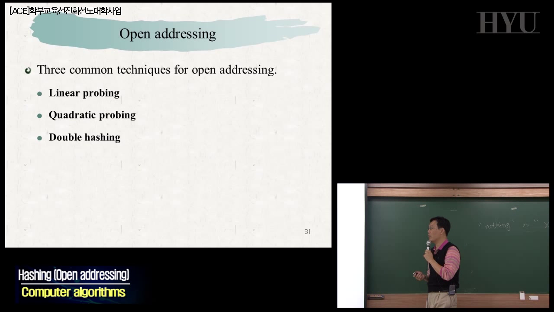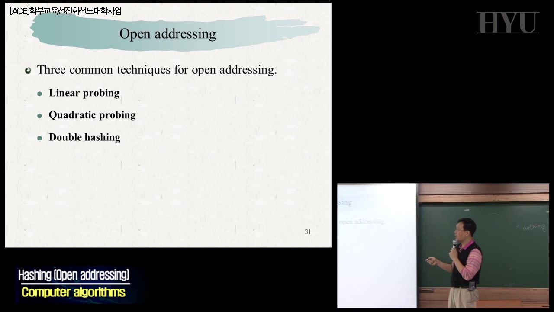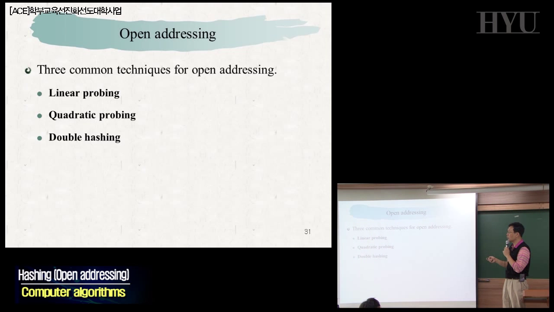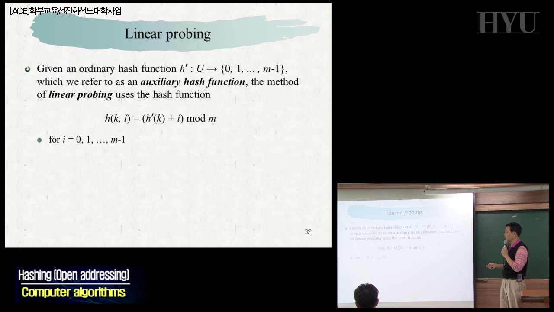Okay, now I will explain 3 common techniques for open addressing. I explained linear probing, and then I'll explain quadratic and double hashing. Formally, linear probing is defined like this.